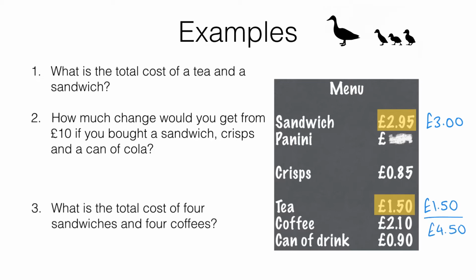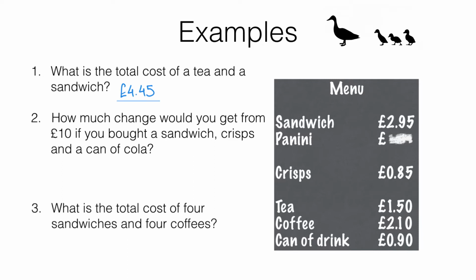Now, what I actually wanted was £2.95 plus £1.50, and that's going to be 5 pence less, because £2.95 is 5 pence less than £3. So what's 5 pence less than £4.50? Well, that's £4.45.